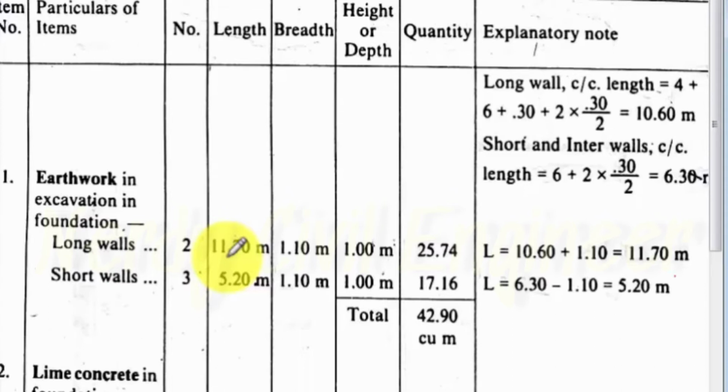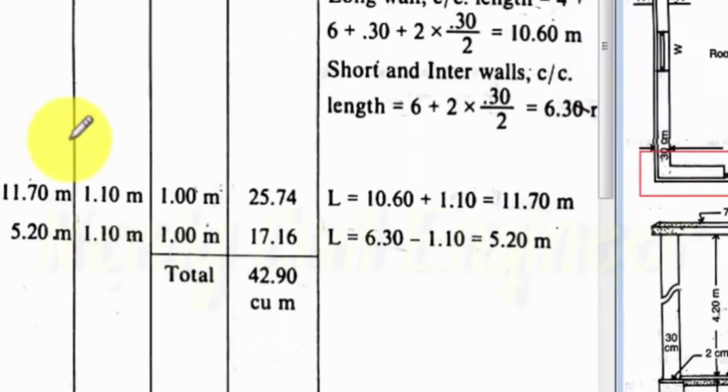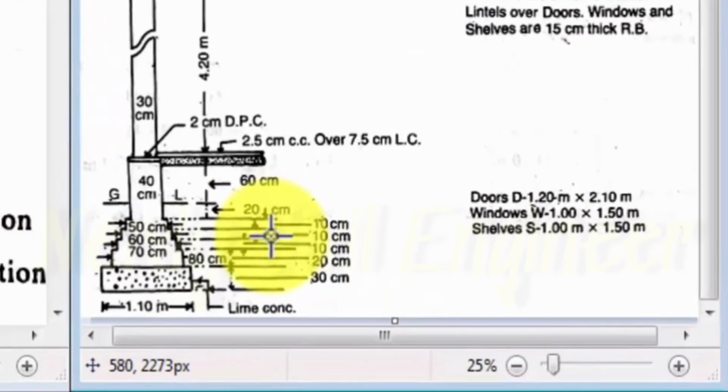So now the first particular is the earthwork in excavation in foundation, once for long wall and once for short wall. While finding out the earthwork in excavation, in the cross section we have to consider the height starting from the concrete in foundation to the ground level. So in total it gives 30 plus 20 plus 10 plus 10 plus 10 plus 20, which gives you 100 centimeter.